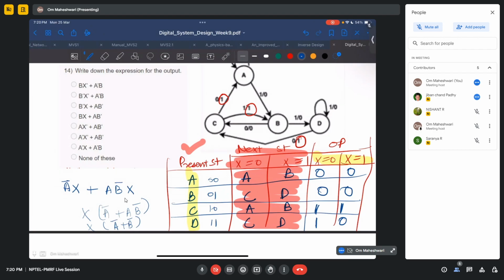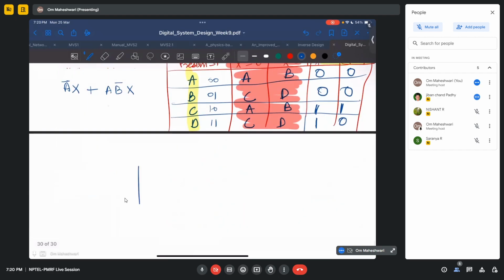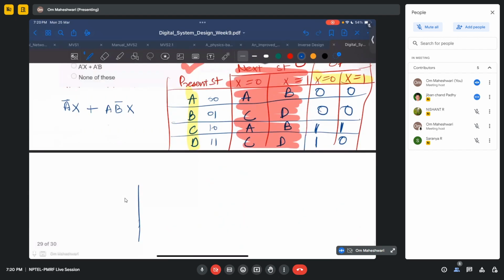Okay. No, this option is not there. Yeah, Jiban, can you tell how did you arrive at this? Okay, so what did you draw in K-map? Okay, yes.